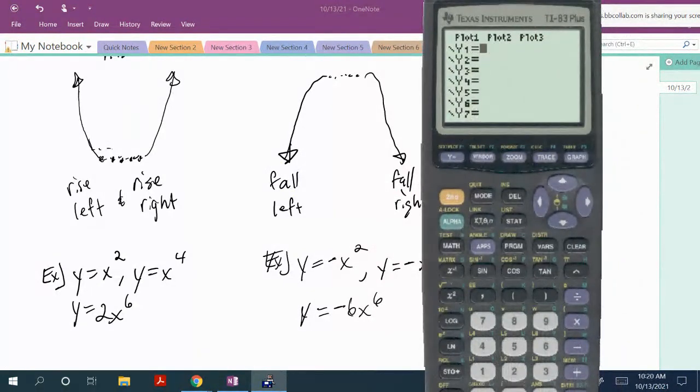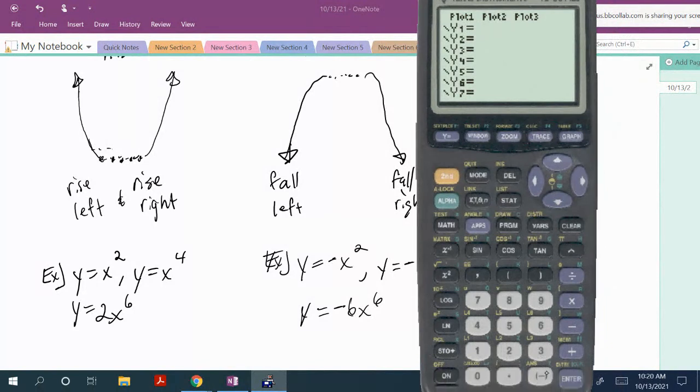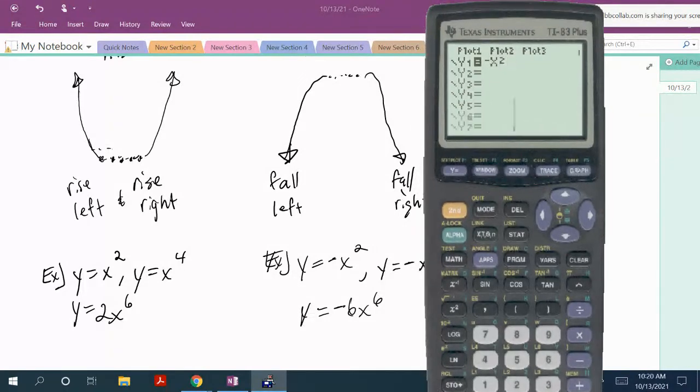All right, so I'm going to clear that out. I'm going to use negative x squared. And if we graph, notice that it forms an upside down U shape. It falls to the left and it falls to the right. I'm going to put in negative x raised to the fourth. We're going to graph that.